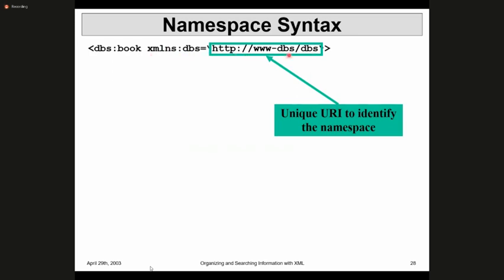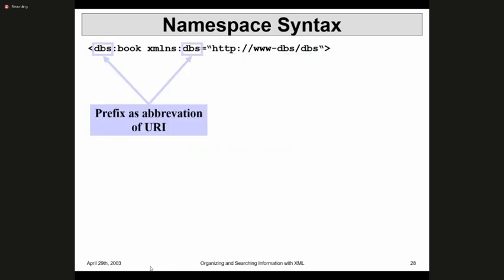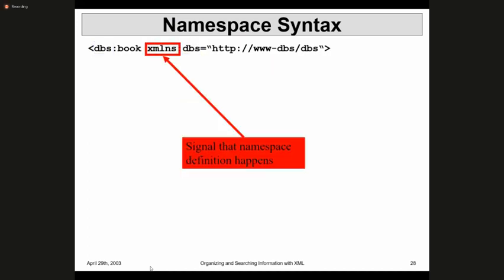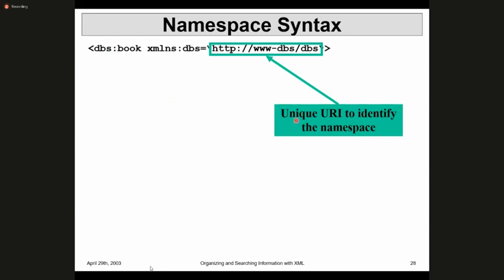The standard for that namespace is also used here. So we are saying that we are using XML namespaces and a unique URI to identify the namespace.